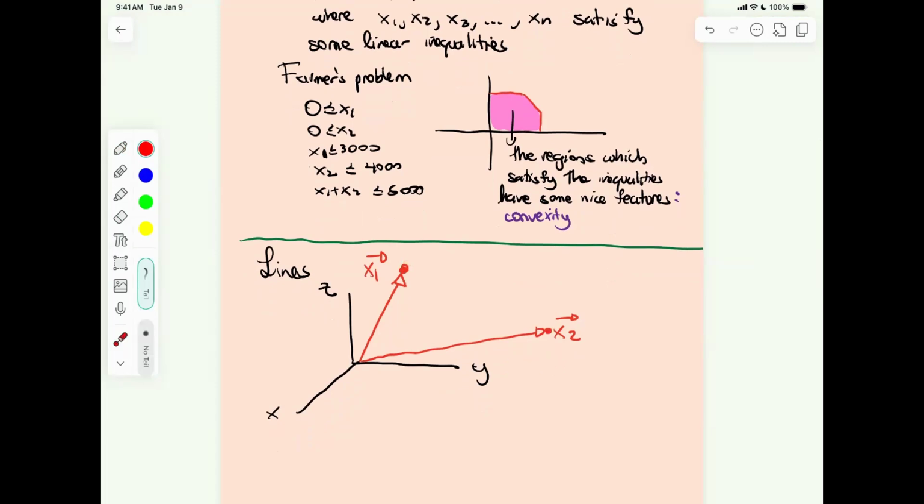Now between those two vectors, there is a vector that connects these two, which you could draw. And that vector is just x2 minus x1. That's the vector that goes from x1 to x2.